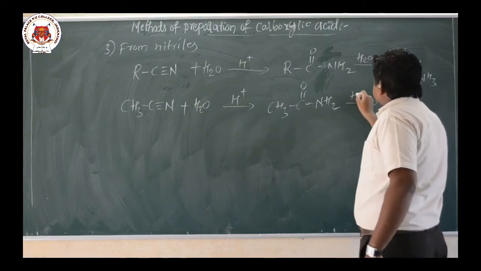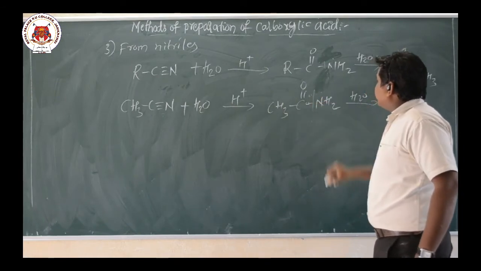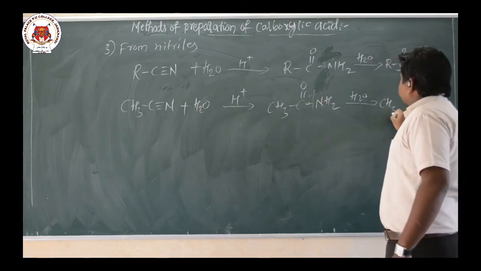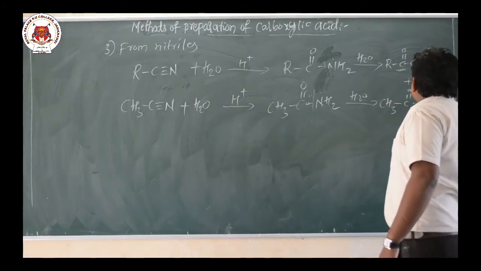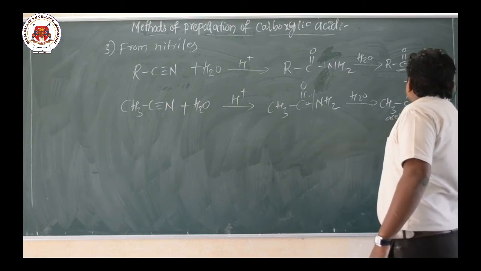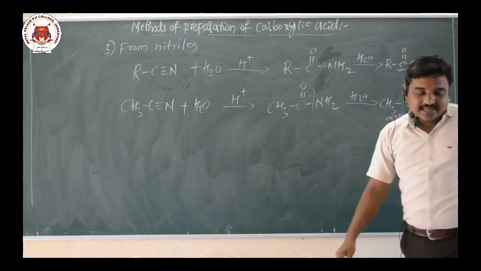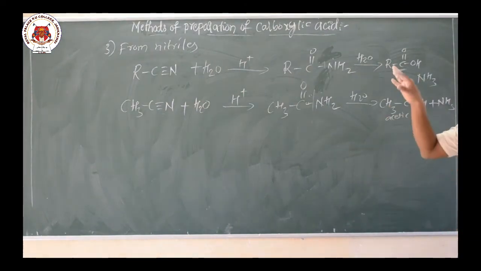On hydrolysis again, the OH part adds to this side, the H part adds to this side. So that becomes CH3COOH plus NH3. This is acetic acid or ethanoic acid. This is an example for the preparation of carboxylic acid from nitriles.